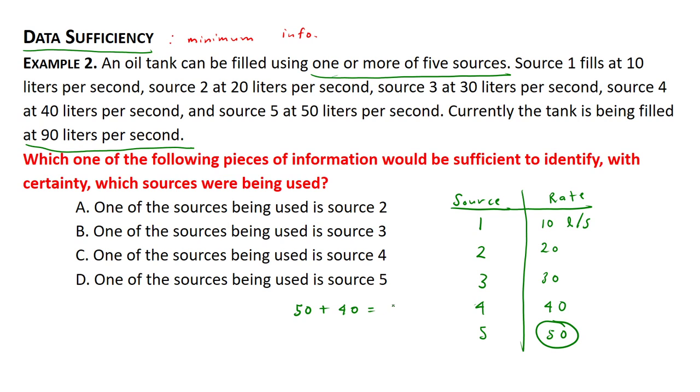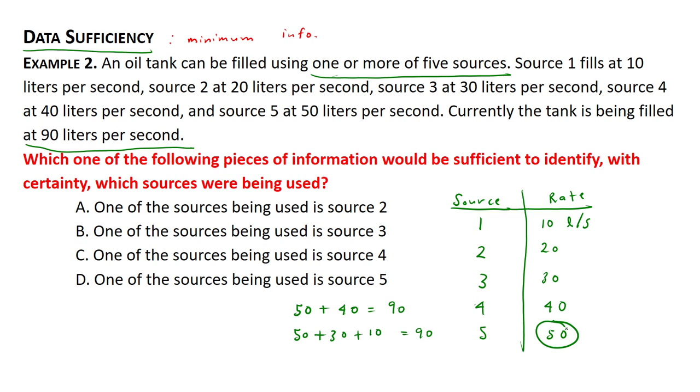So this will give us 90. But there is a second possibility. What can fill this 40 liters per second to produce 90? Another possibility is 30 and 10. 30 plus 10 gives us 40, plus 50 gives us 90.